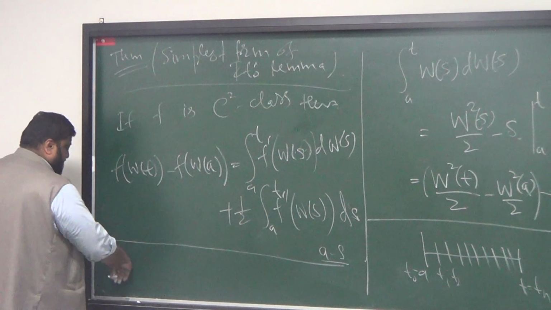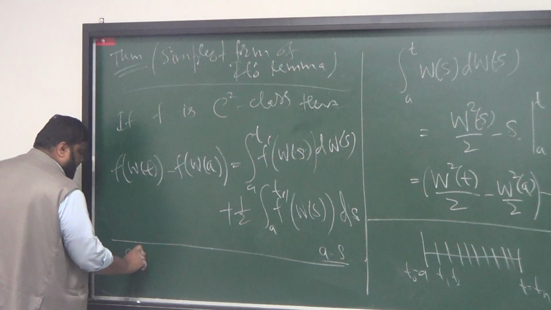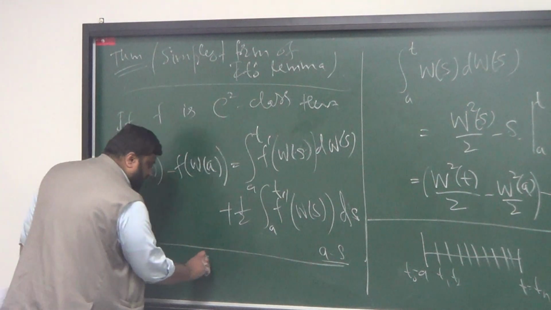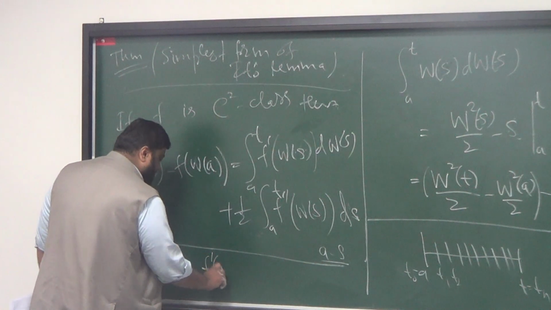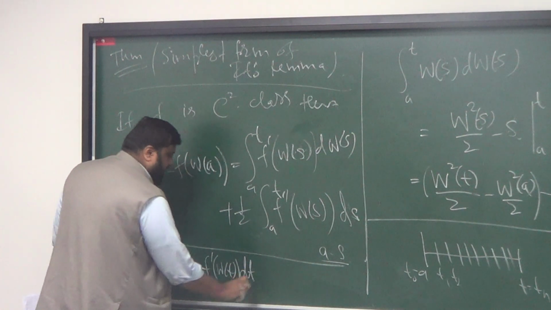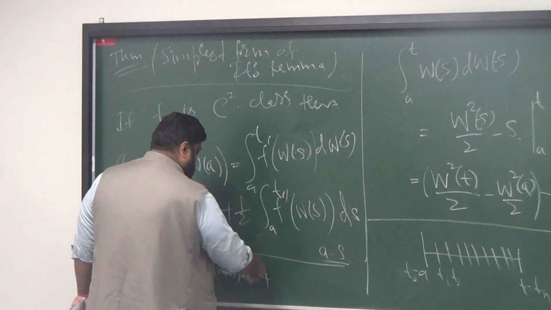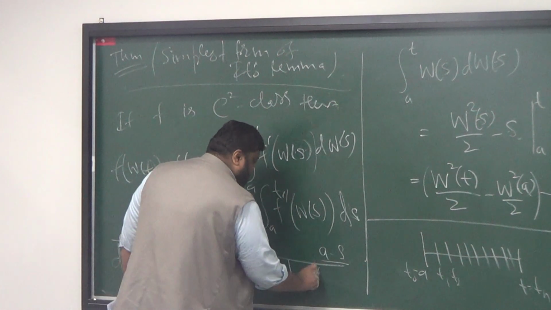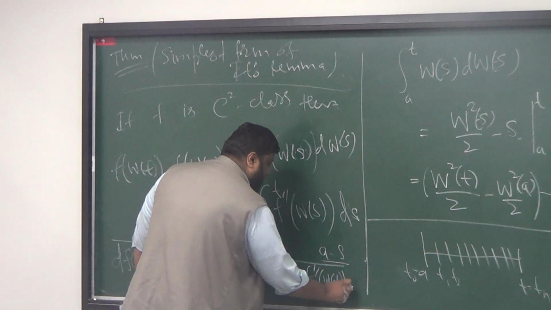So I'm going to say, if I have a function of Brownian motion, and I'm interested in computing the differential of it, then the differential of it is equal to f prime of W_t dW_t plus 1/2 f double prime of W_t dt.